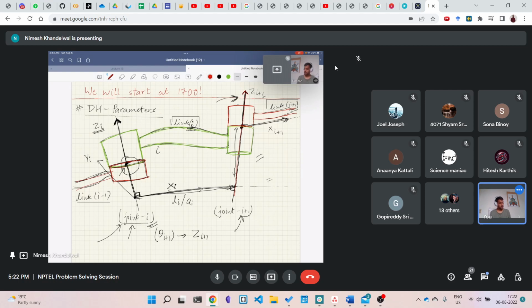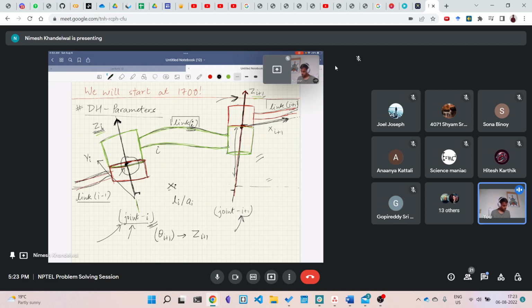Then these two, zi and zi plus 1, are parallel but non-intersecting. These are two lines in 3D space that do not intersect. If they do not intersect, they must have a minimum distance between them, a line connecting them with the shortest possible distance.